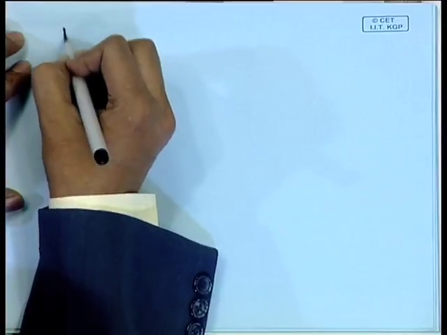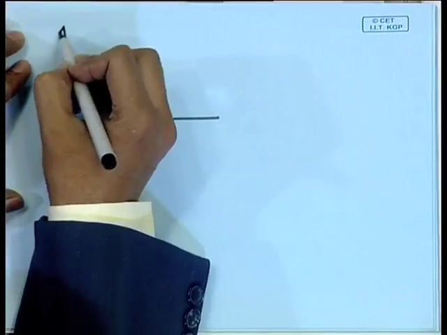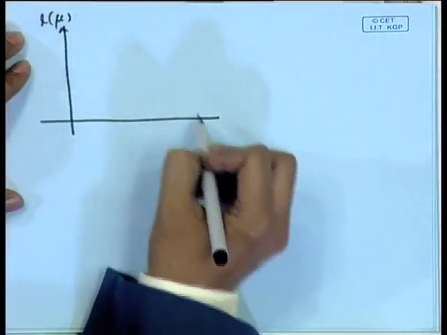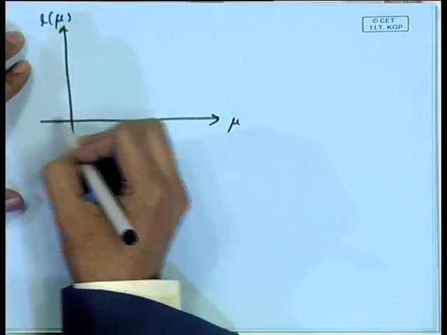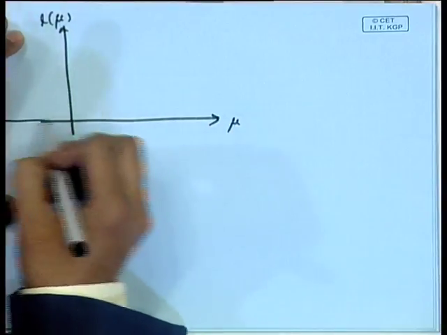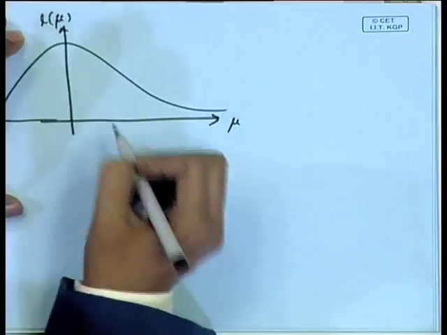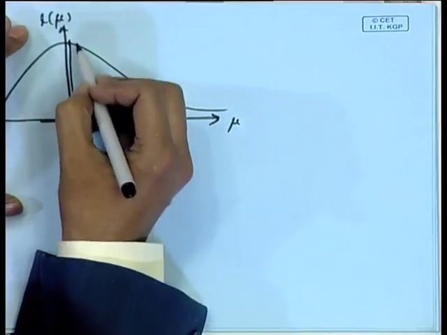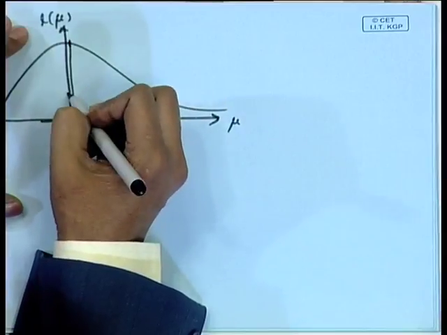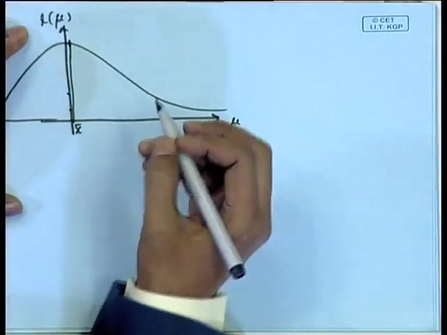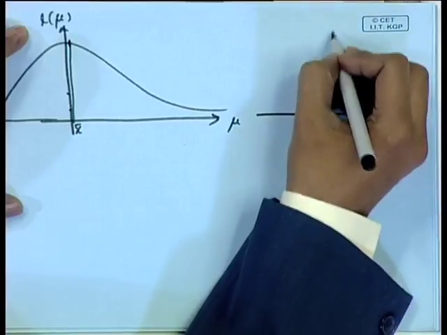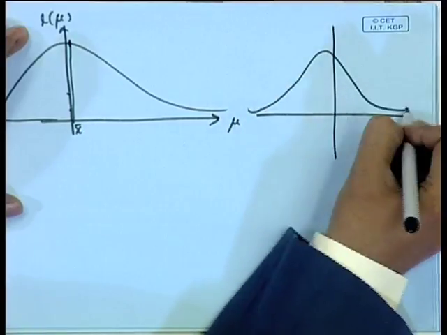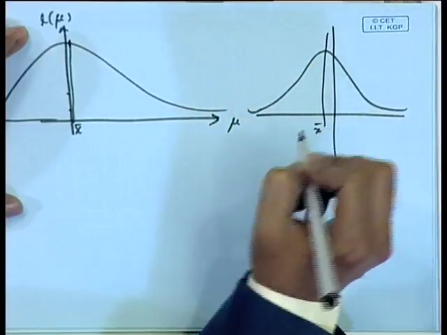That means the shape of the likelihood function as a function of mu is something like this, so this could be the maximizing choice. Now, if x bar is bigger than 0, then we may take x bar, but we may have a situation where x bar may be less than 0.